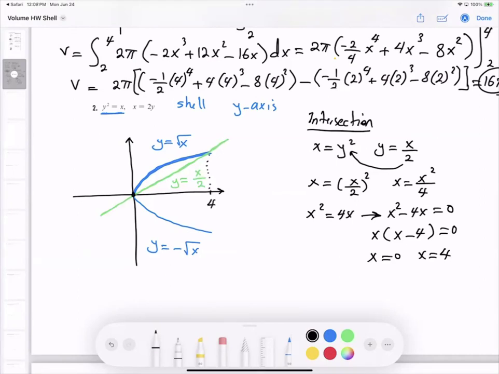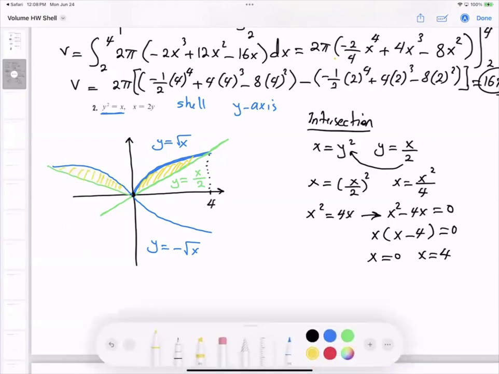And we are revolving this about the y-axis, everybody. Perfect. This is your region, and you're revolving this region about the y-axis. So roughly, this is what you have.